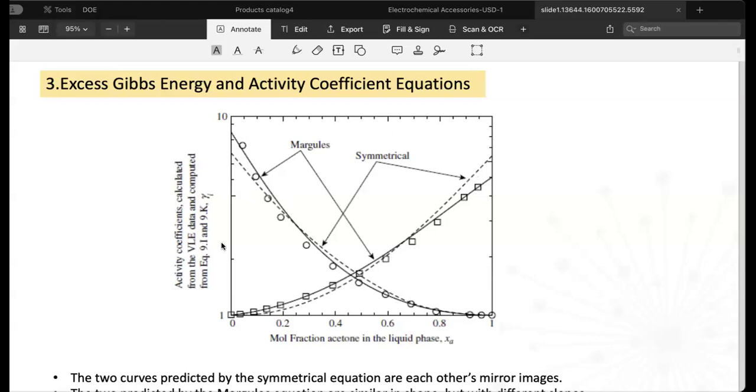At the leftmost and the rightmost, the deviation is much larger than at the center. However, in Margules, it distributes the error over the whole range. The error here and the error here, not that much difference.